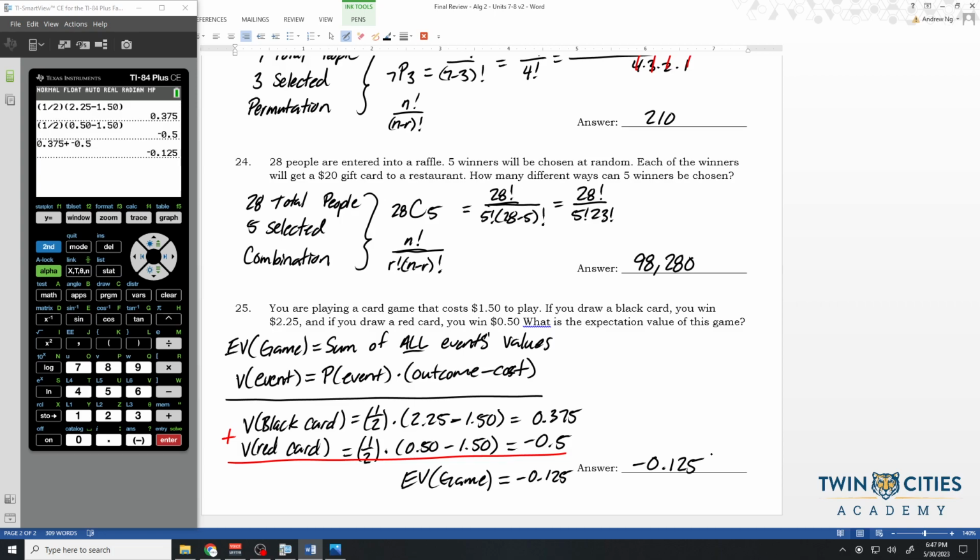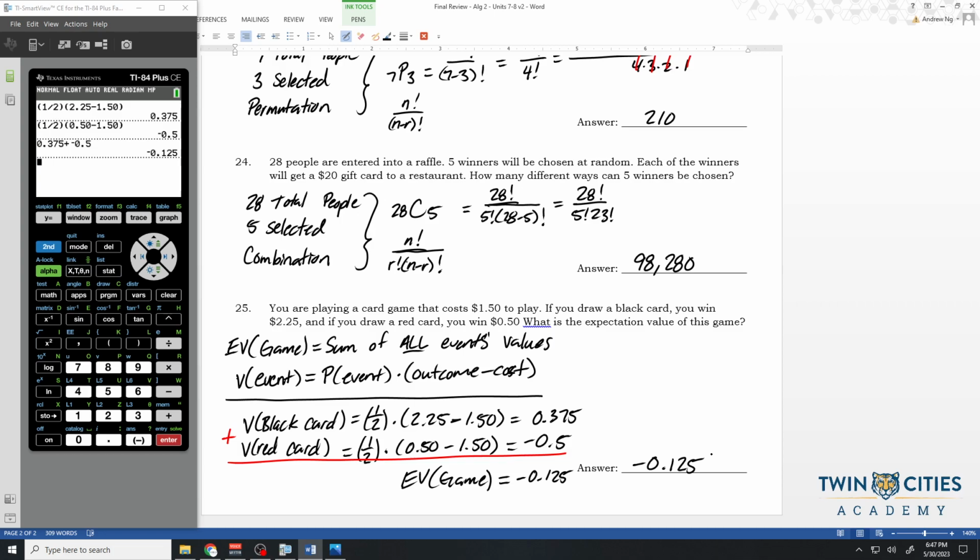I'd win money. And the last thing to keep in mind is that you might come across problems where they don't necessarily advertise all of the possible outcomes. Here's an example. What if this was a different card game where they said, if you get a spade, so it's still $1.50 to play, if you get a spade, you win $3.